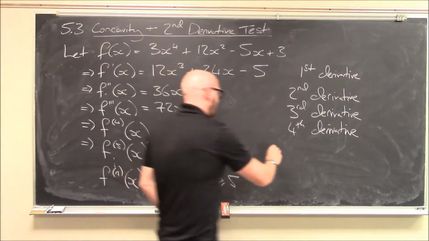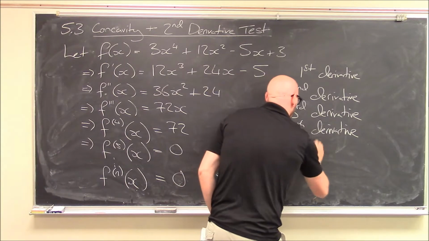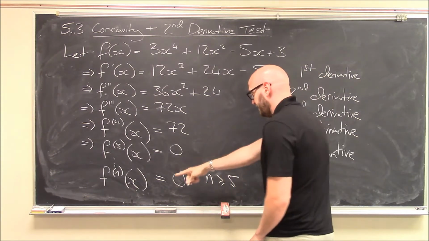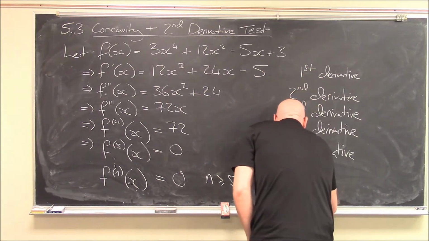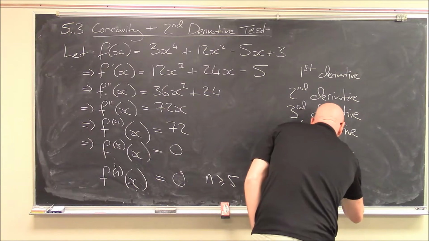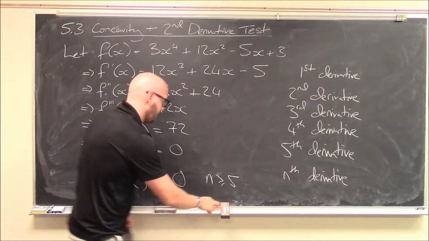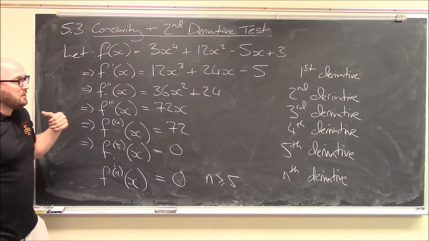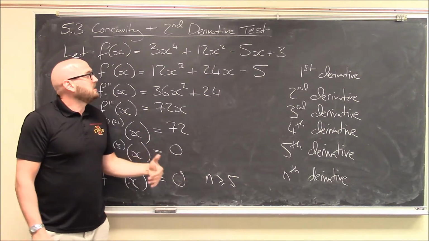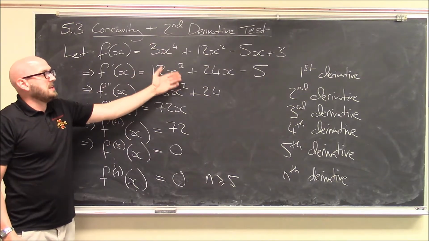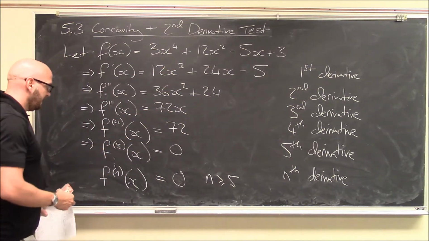So this would be the fifth derivative. Or in general, the nth derivative. All right, so there is more, there's this notion of not just differentiating once, differentiating several times. The second derivative, the third, the fourth, it means just differentiate again and again and again and again.